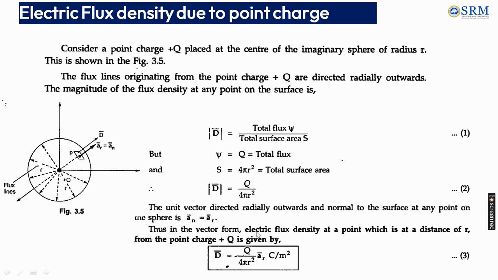So the vector form of electric flux density is defined like this: D vector is equal to Q divided by 4 pi r square into a_r cap, because the flux is coming out along the radial direction. The unit is coulomb per meter square, since coulomb relates to charge and surface area is measured in meter square.